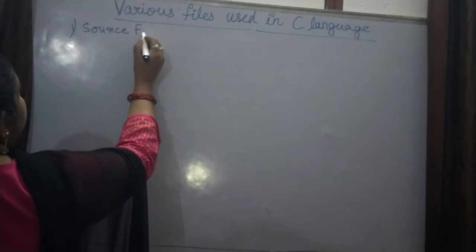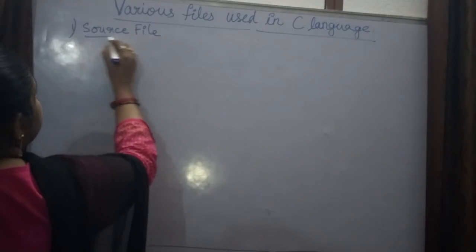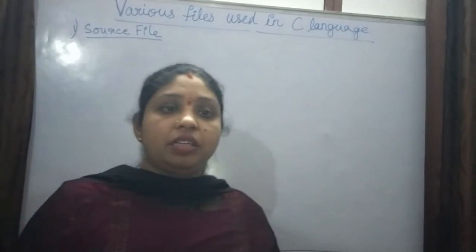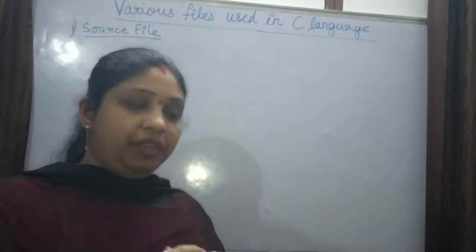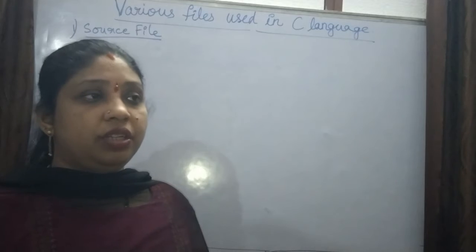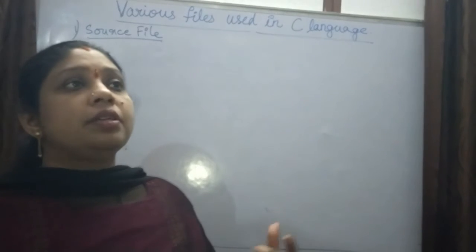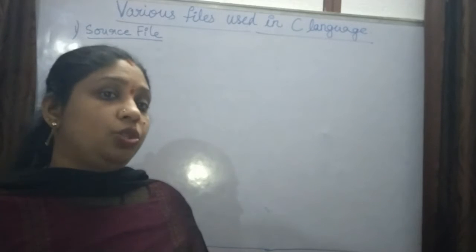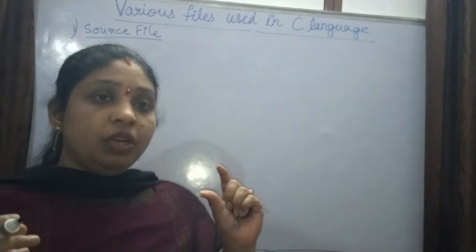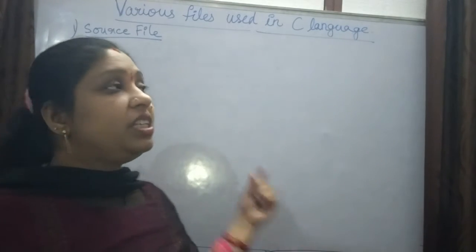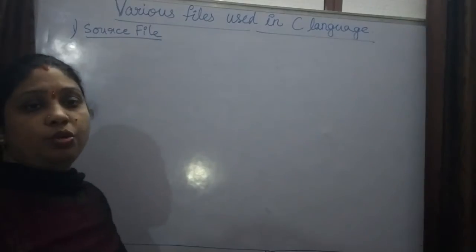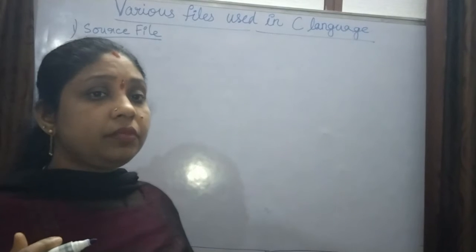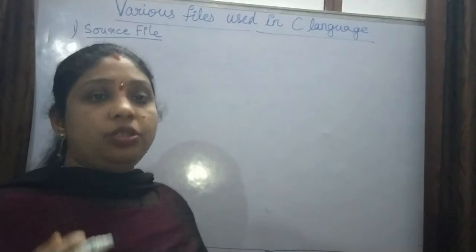Actually, by seeing this word only, you can understand what a source file is. If you have watched my previous classes, like the introduction class, sample program and basic structure of the program, you will easily find out what a source file is, because there I have explained about source code.